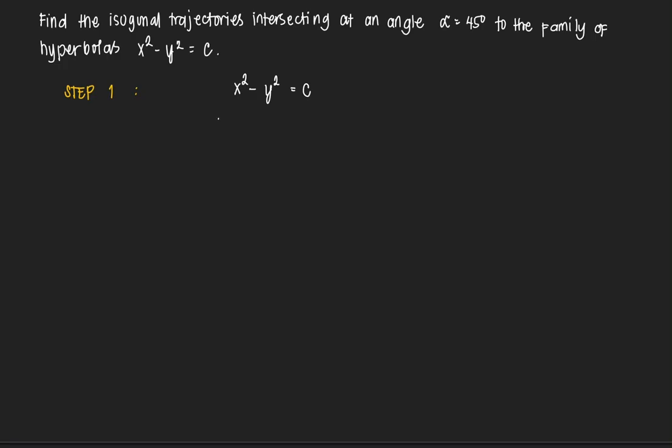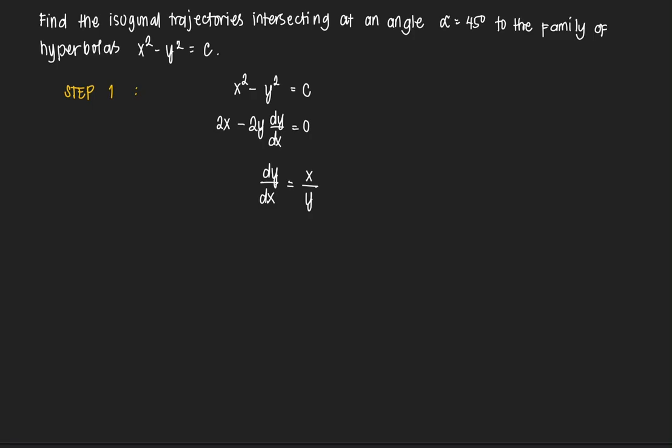So we're going to find the DE: 2x minus 2y dy/dx equals 0, such that dy/dx is equal to x over y. So this is now the slope of our family.